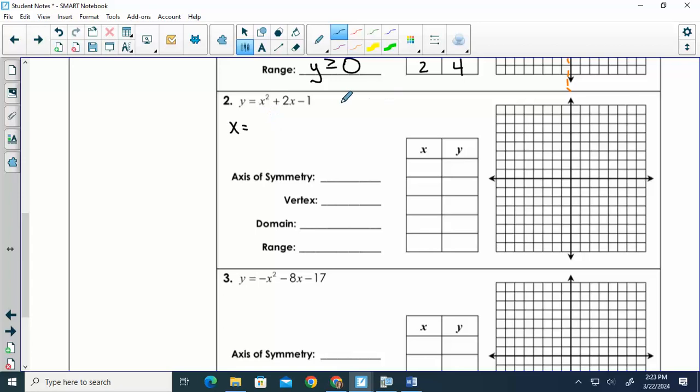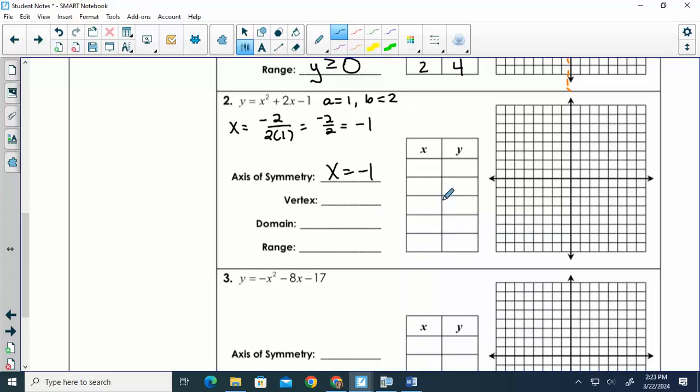What is my b value? So my a is 1, my b is 2. So the opposite of b would be a -2 over 2 times a. So we get -2 over 2, so my axis of symmetry is x equals -1.